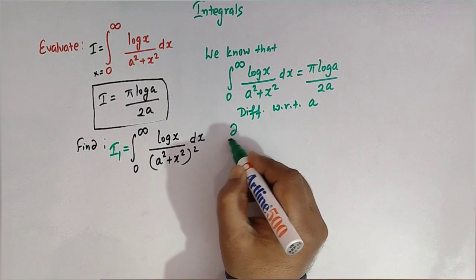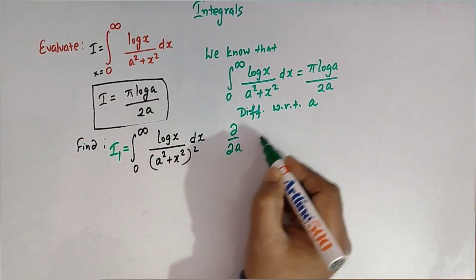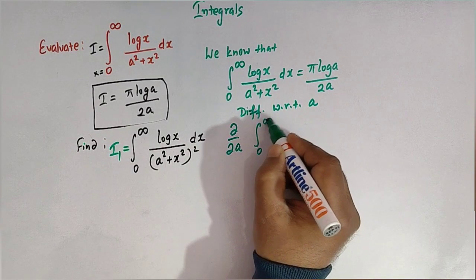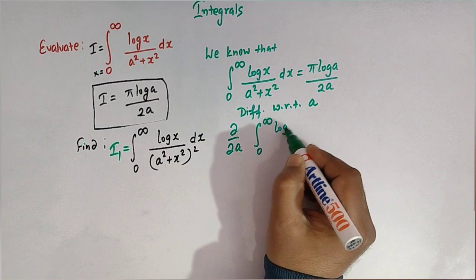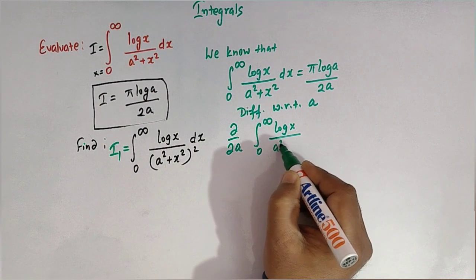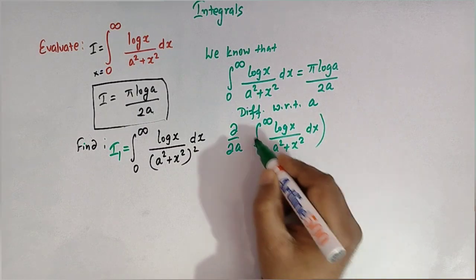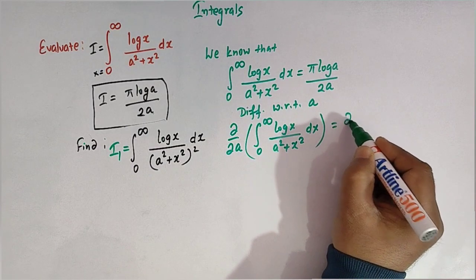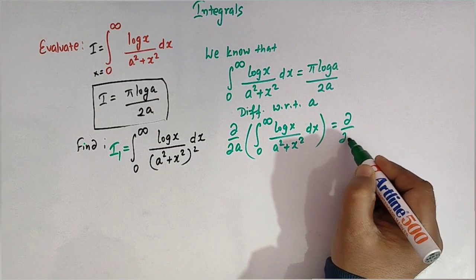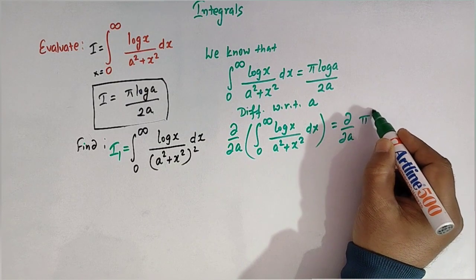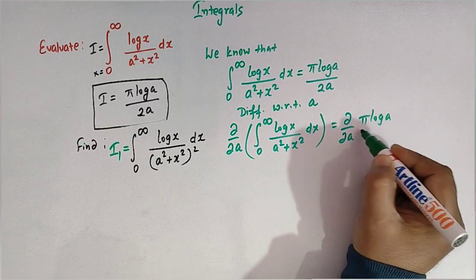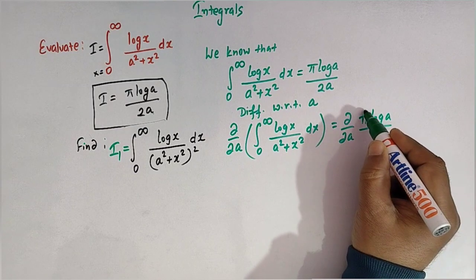So we write del by del a of the integral from 0 to infinity of log x over a square plus x square dx, and here we have del over del a of pi log a divided by 2a, right?